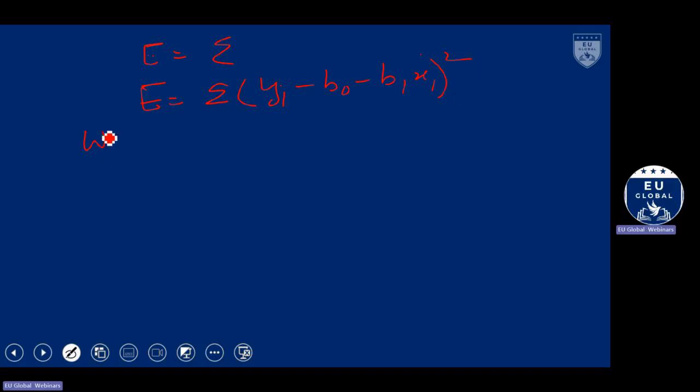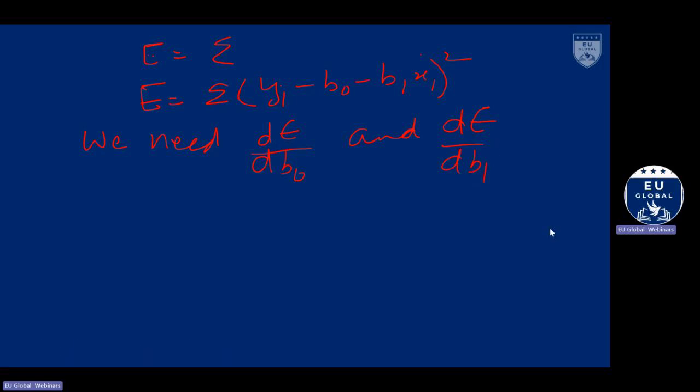So we need to find dE upon dB0, and we need to find the partial derivative dE upon dB1. So this is what we have to do. That means we have to find the partial derivative of dE upon dB0 and the partial derivative of dE upon dB1.